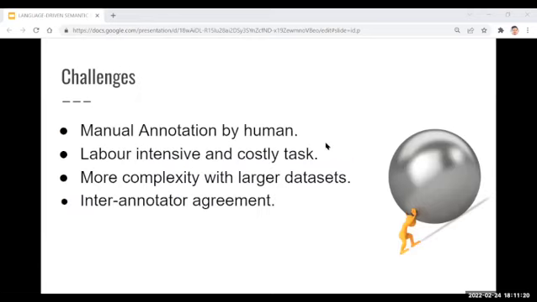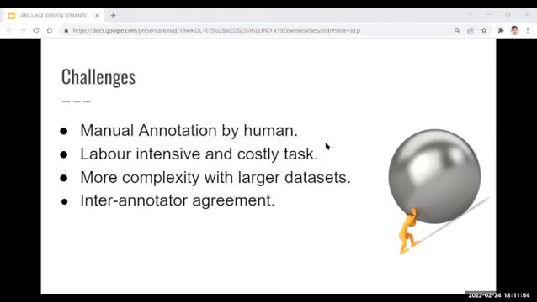The challenge in this whole process is that there are thousands of images, and every single pixel has to be manually annotated, and that is an extremely laborious task. For larger data sets, we can have fine-grained candidate labels, in the sense that each label can be subdivided into much more fine-grained labels.